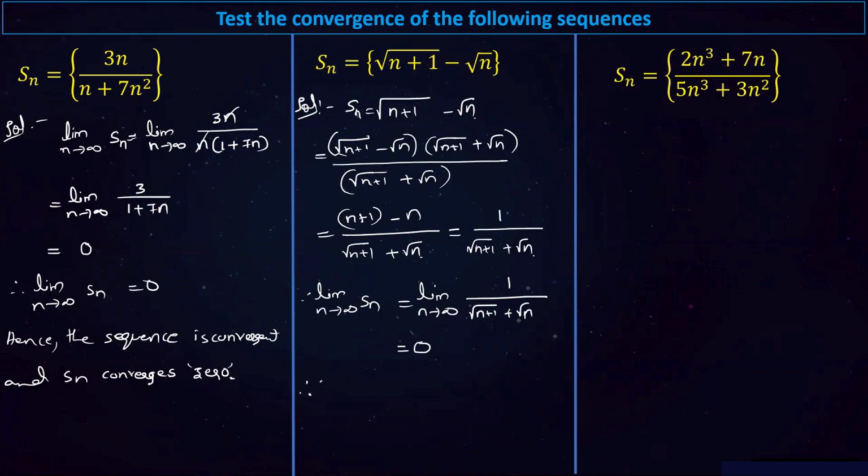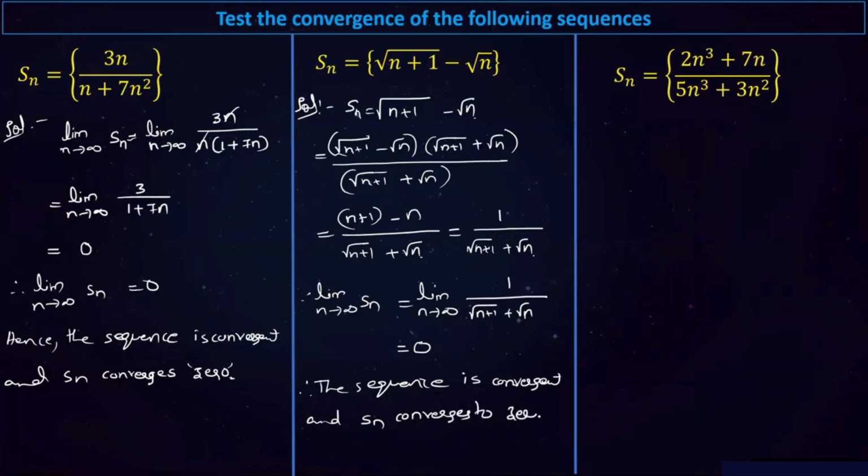Therefore, you can say again the sequence is convergent. And also you can say Sn, the given sequence, converges to 0. Right? It is just accidental that we got both the limits as 0, but that may not be the case every time.